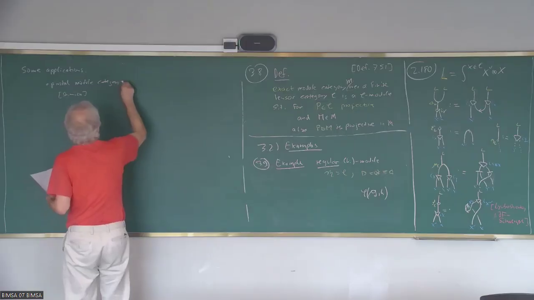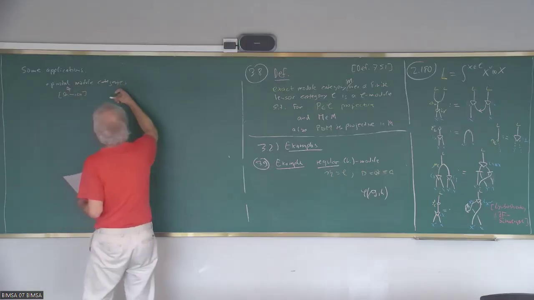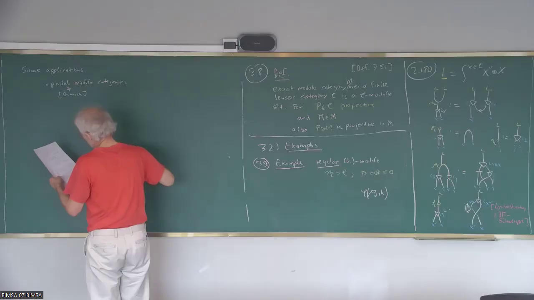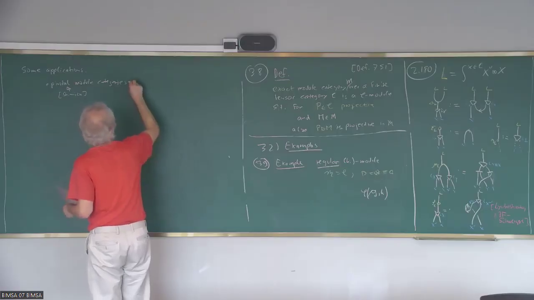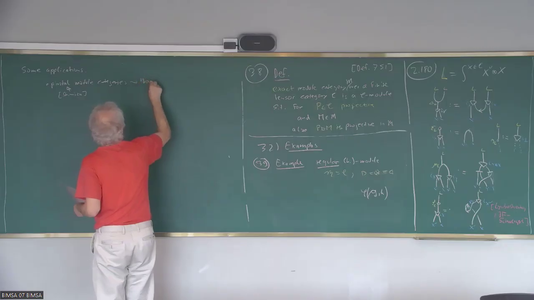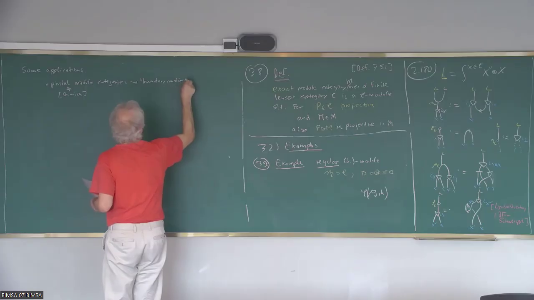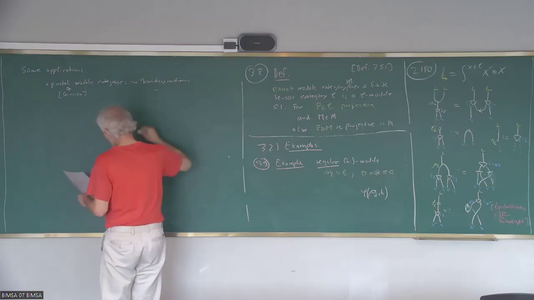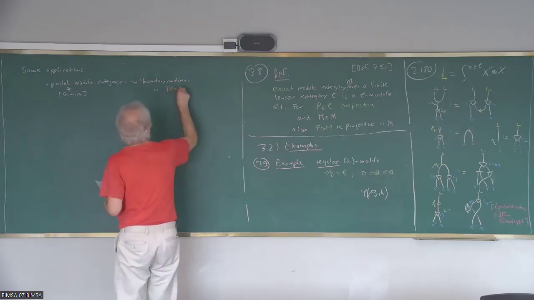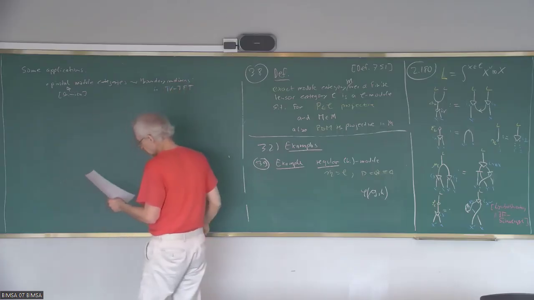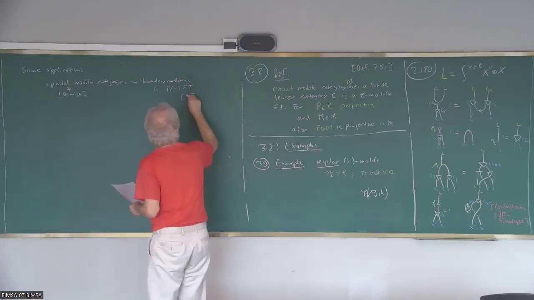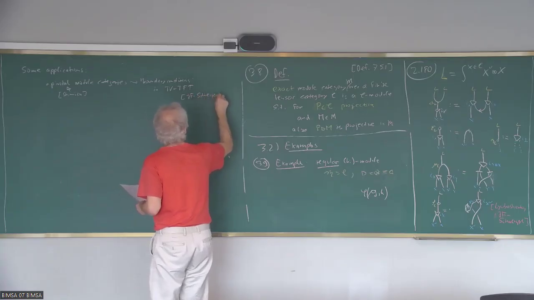Such categories describe boundary conditions in three-dimensional topological field theories of Turaev-Viro type, and you find this, for example, in this paper here.